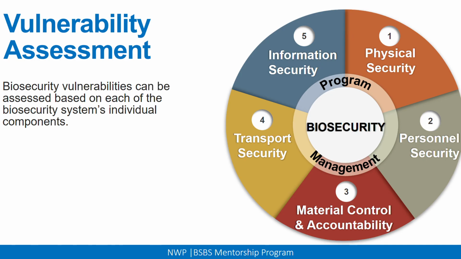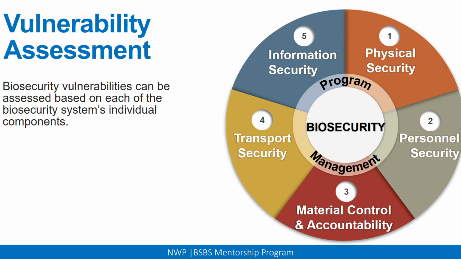You also look at information. How is information being kept about your assets? If there are breaches in information, like there's no information security, it means that either insider adversaries or outsider adversaries can get information about your agents, and then they may steal these agents.